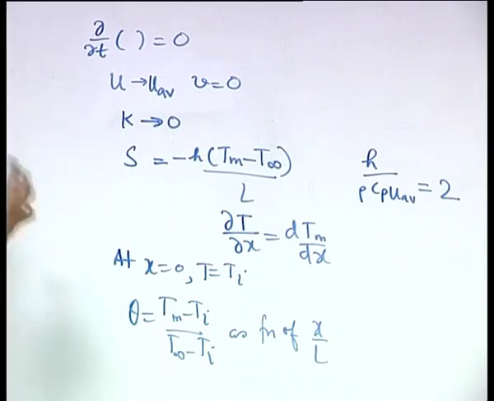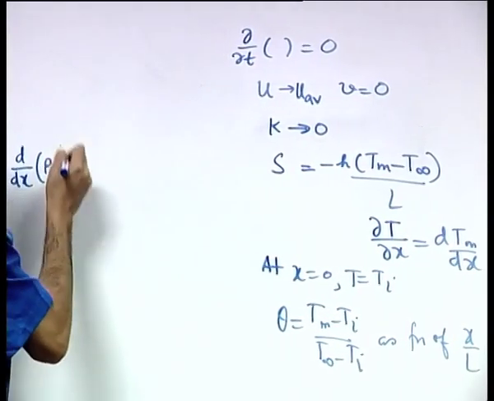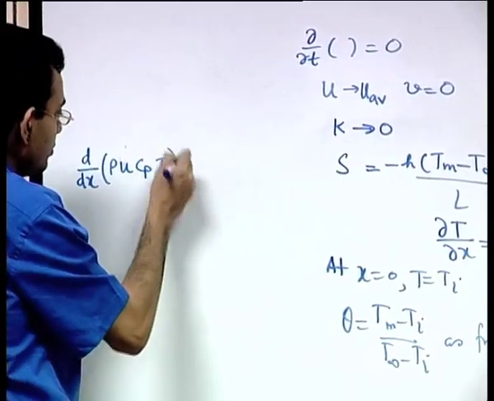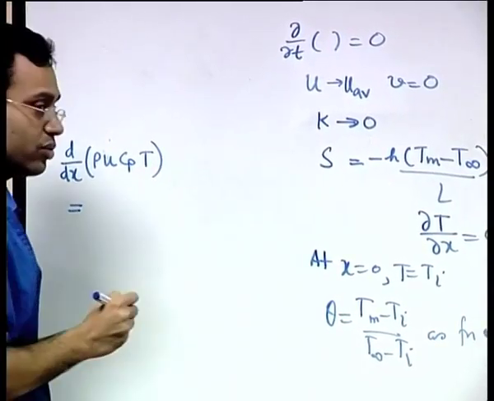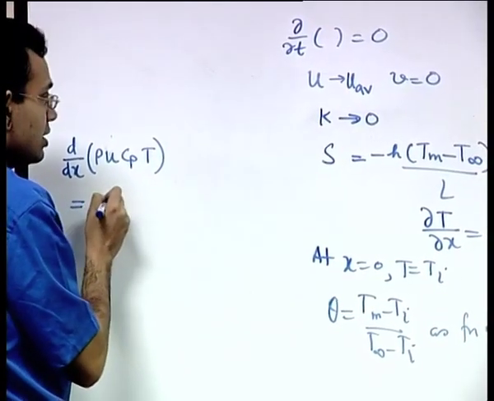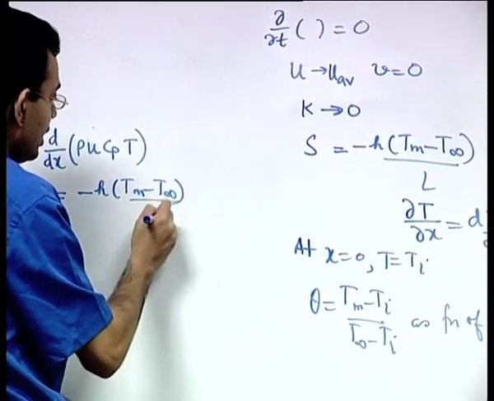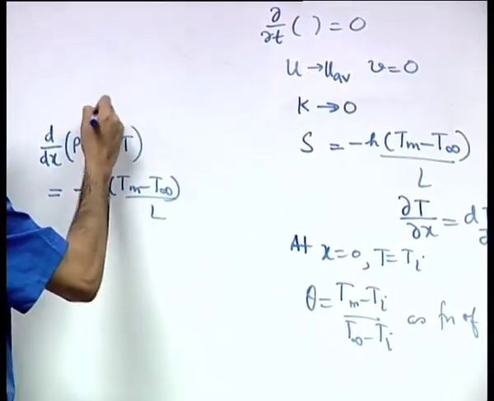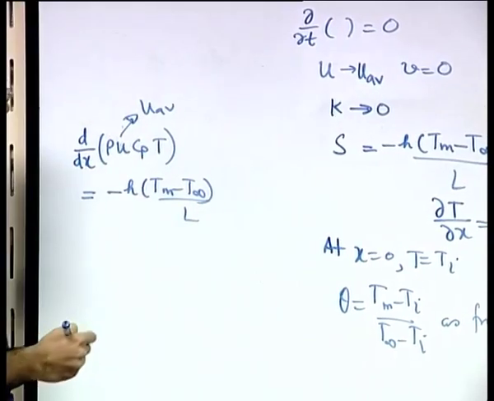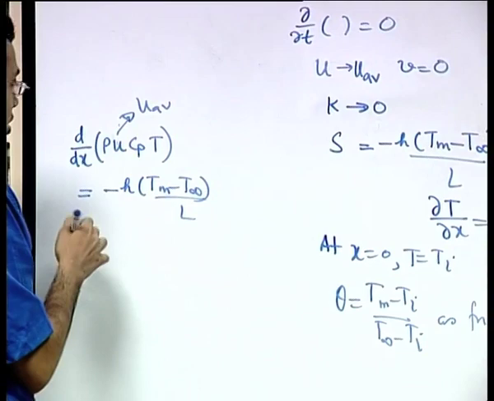So we will just quickly derive the governing equation. The unsteady term is not there, so d dx of rho u Cp T is equal to, there is no diffusion term because thermal conductivity is 0, and there is a source term minus H into Tm minus T infinity by L. Given that U is U average, and all the other properties we assume as constant.